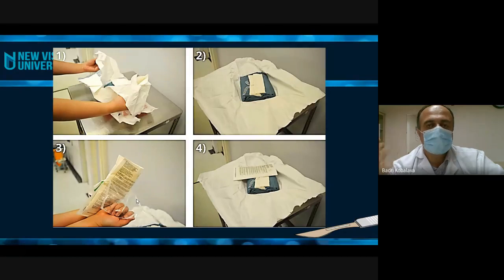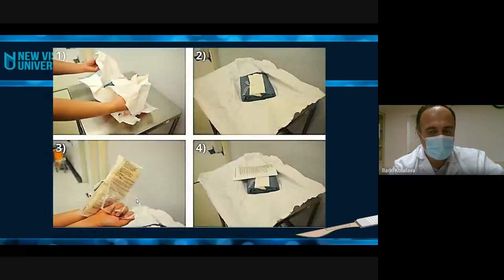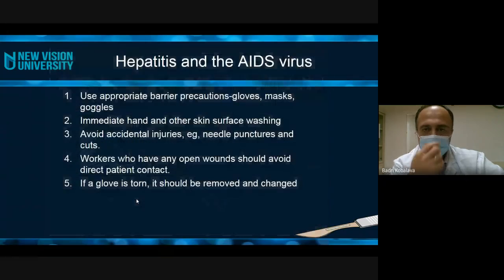Otherwise, you can contaminate them, and after the contact with the surgical wound, the wound gets infected. These are the stages of gowning and gloving, and videos of these procedures you can also find at my webpage.